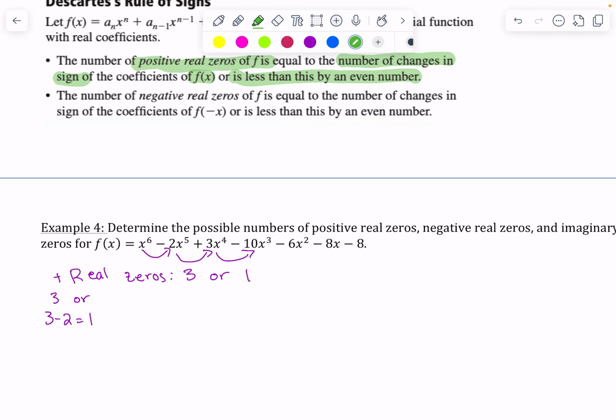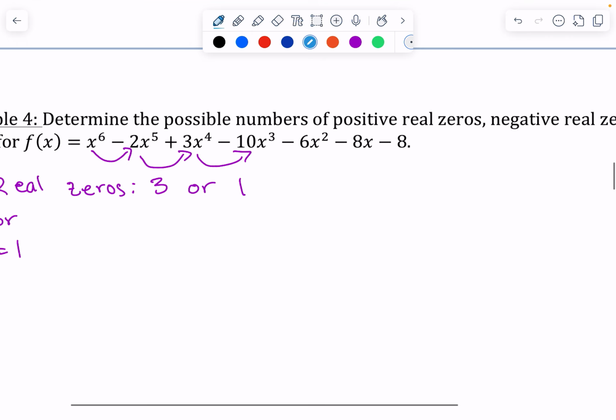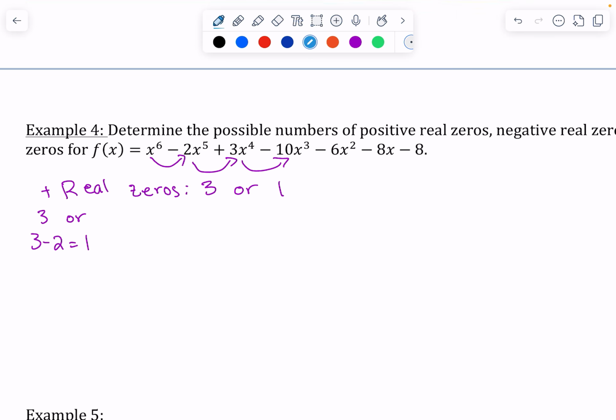Then for the negative real zeros, it's basically the same thing, except instead of looking at the original function, you're looking at f of negative x, okay? So the first thing you have to do is figure out what f of negative x is. How do we do that? You plug negative x into the function.